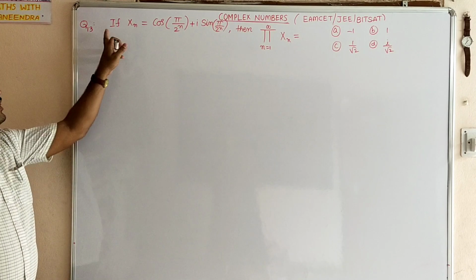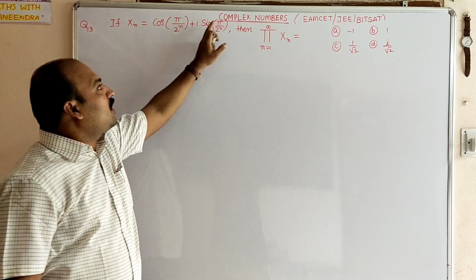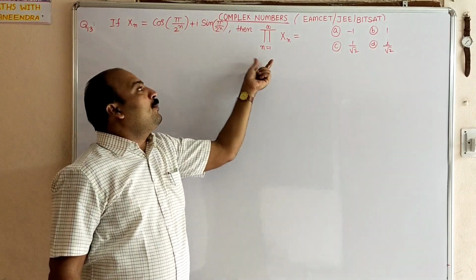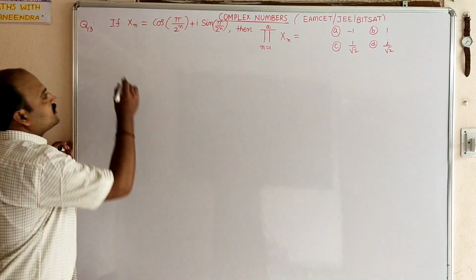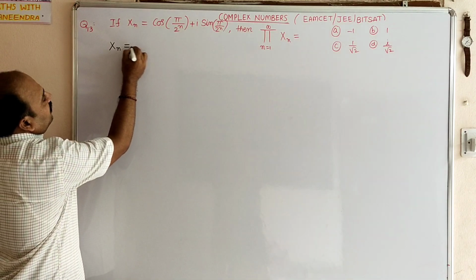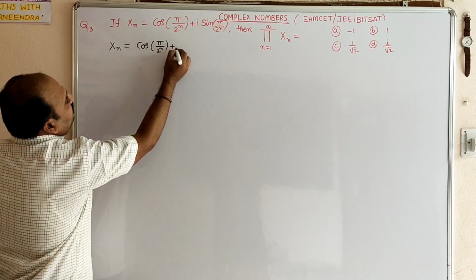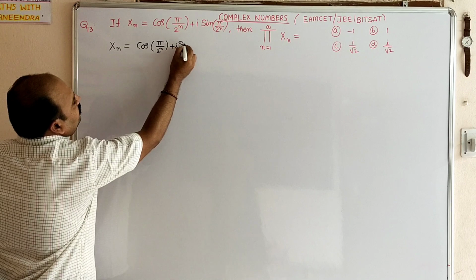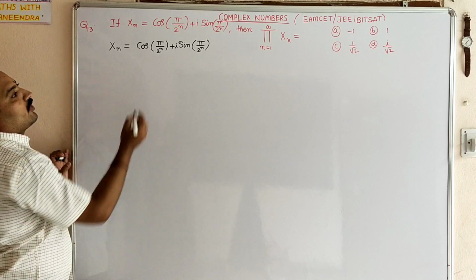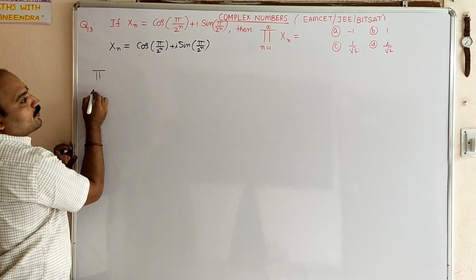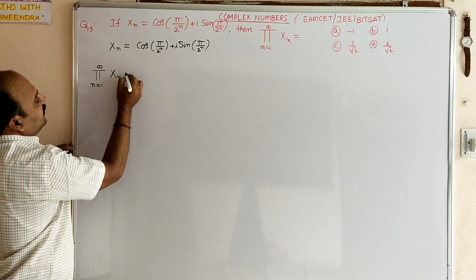The next question: if capital Xn equals cos of (pi by 2)^n plus i into sin of (pi by 2)^n, then product of n equal to 1 to infinity of capital Xn equals? First, capital Xn is equal to cos of (pi by 2)^n plus i sin of (pi by 2)^n. Now consider the product, n equal to 1 to infinity.